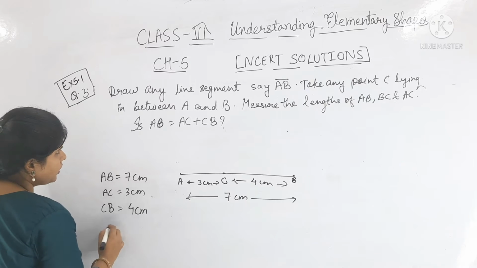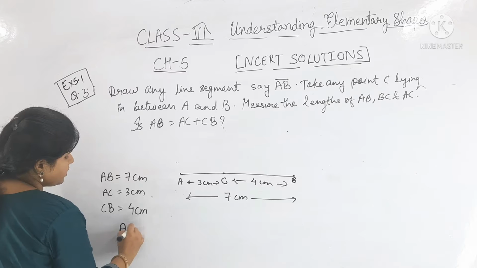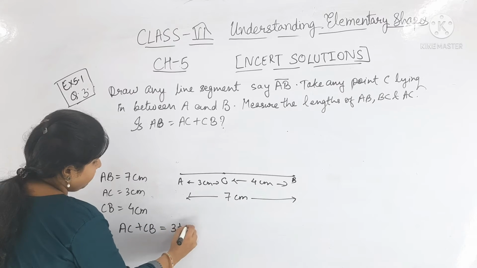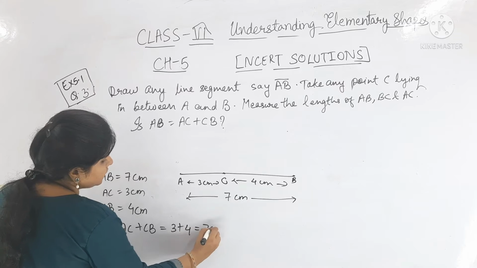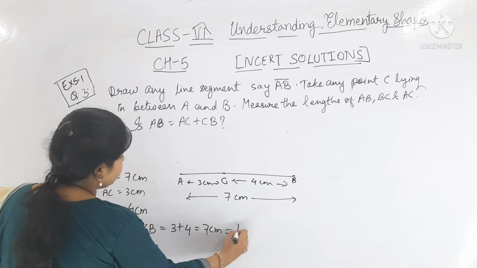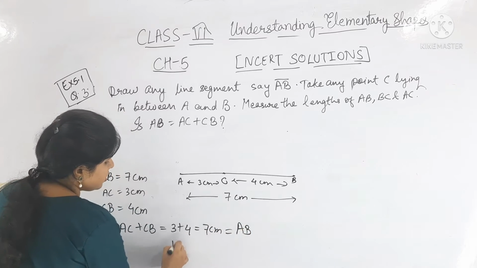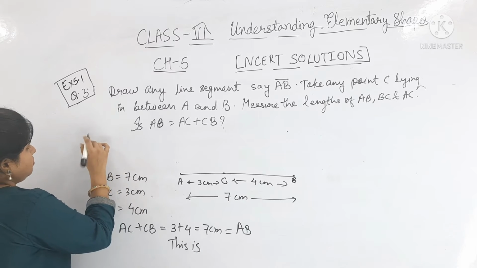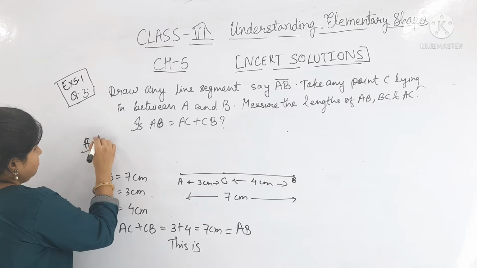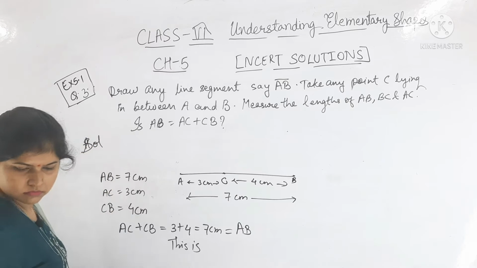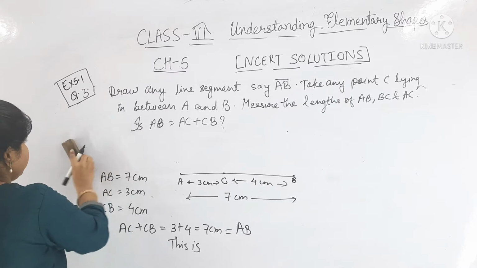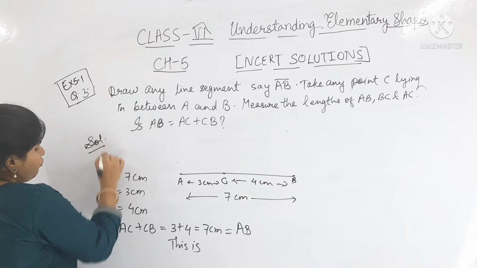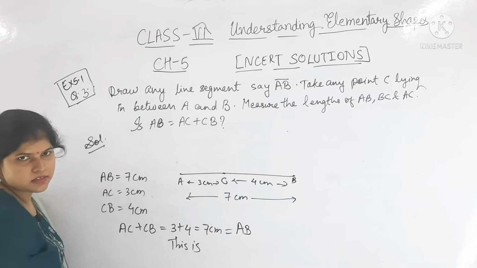So here AC plus CB is equal to 3 plus 4, that is 7 centimeter, that is equal to AB. This is your solution: you have to prove AB is equal to AC plus CB.